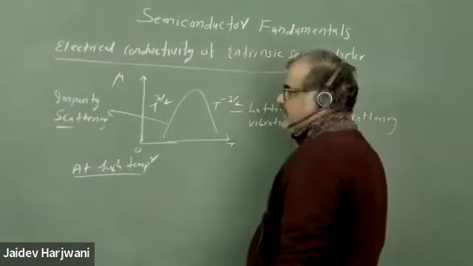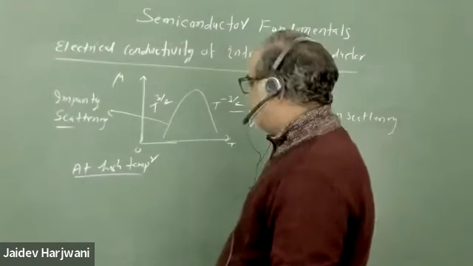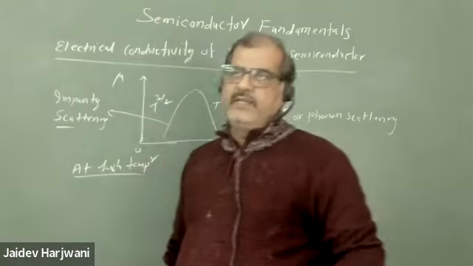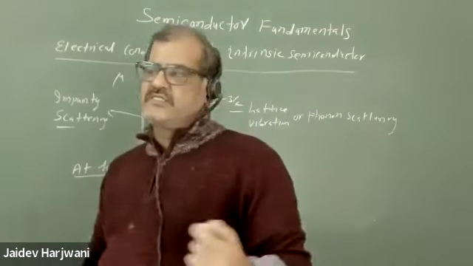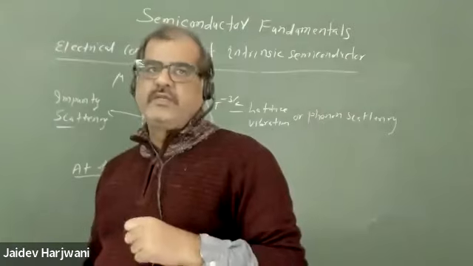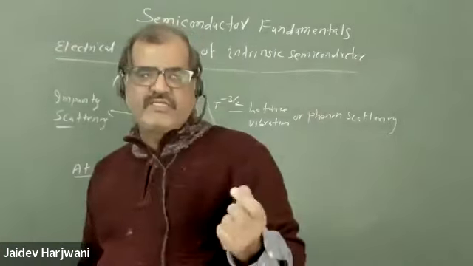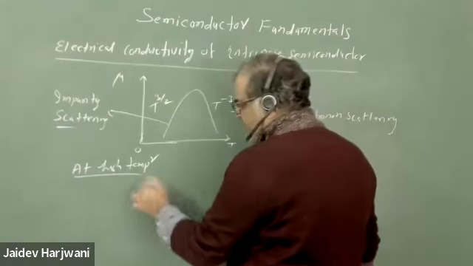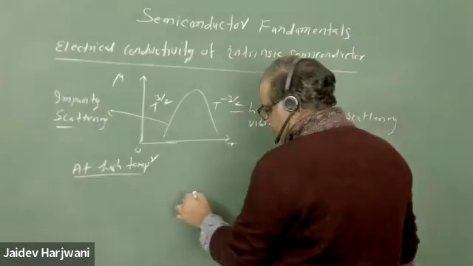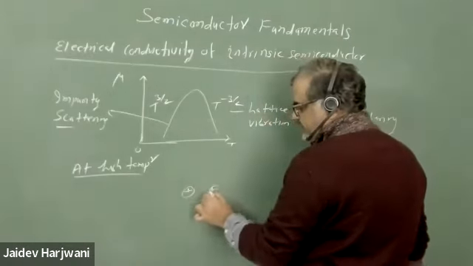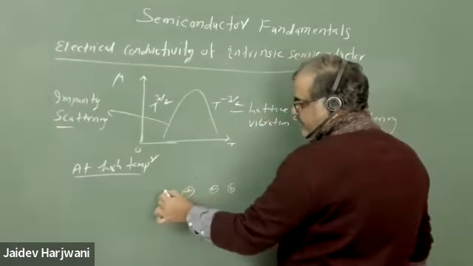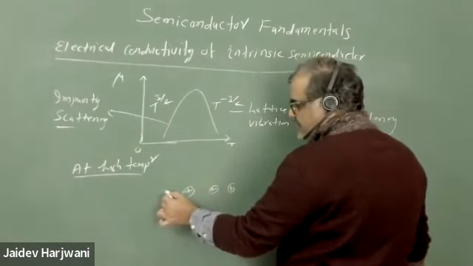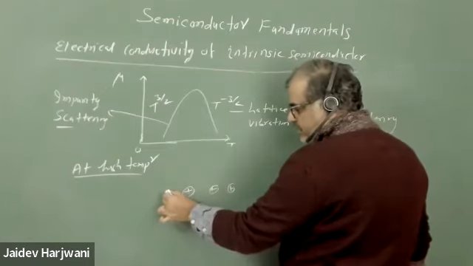If you have a system which has impurities, and the impurities are charged, then when your electron is moving in the system, suppose there are positive impurities, and the electron is moving very slowly, there is a higher probability of scattering.